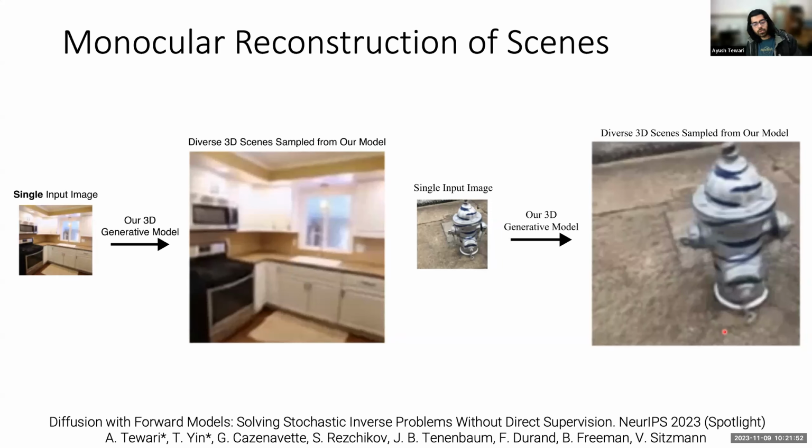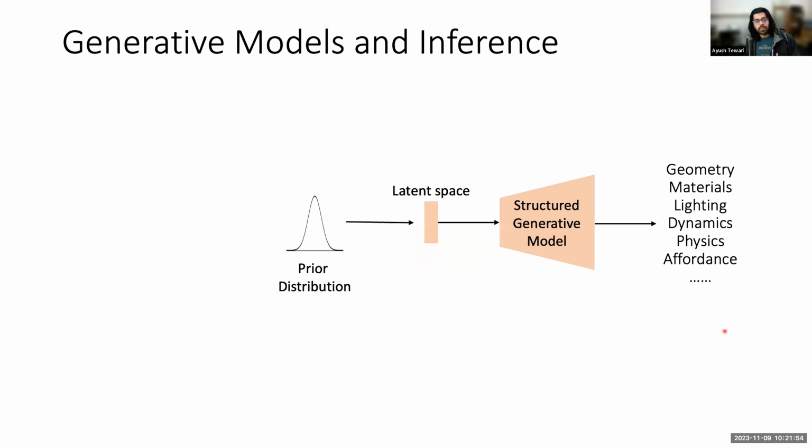So how do I go about solving this problem? The high-level idea is that we're interested in building generative models of the world. These generative models are not models over the observations, over the images and videos. They're models that capture the structured world. So just like any generative model, there's a prior distribution from which you sample.